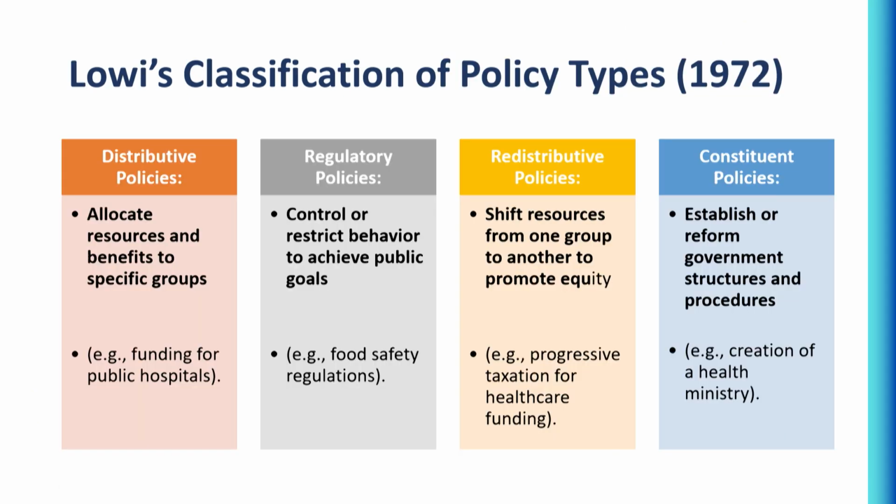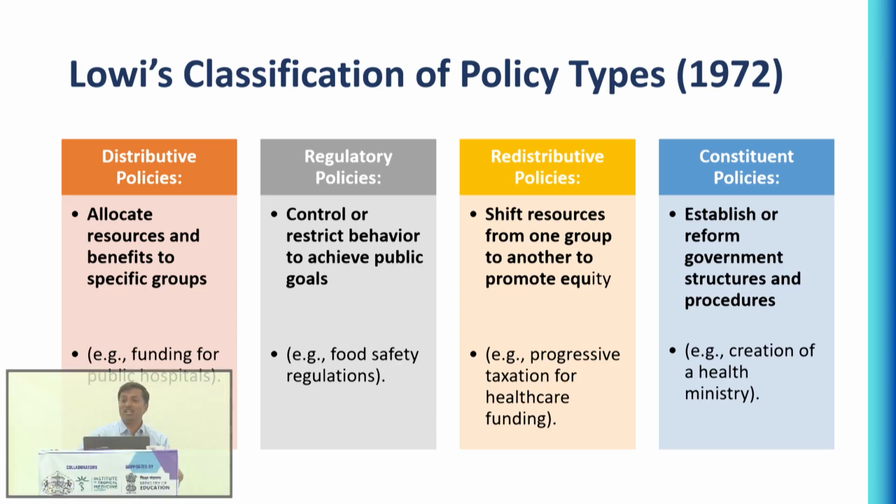There's another classification given by Lowi. He talks in terms of distributive policies, regulatory policies, redistributive policies, and constituent policies. So distributive policies are mostly focusing on allocating resources and benefits to specific groups. Regulatory policies are to control and restrict behavior to achieve public goals.